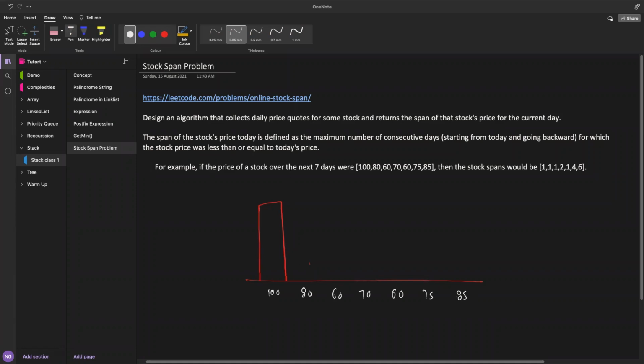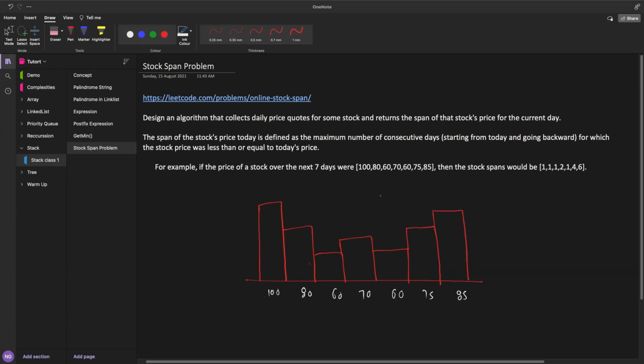So 80 will be represented like this. 60 will be represented by this. 70 will be like this. 60 again like this. Then 75 is a bit more than 70, less than 80, like this. 85 is like this. Cool.